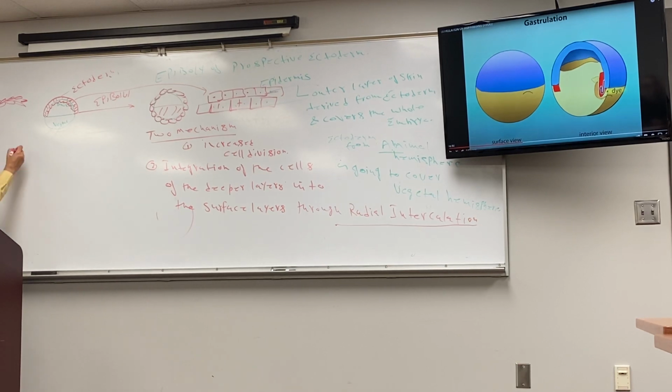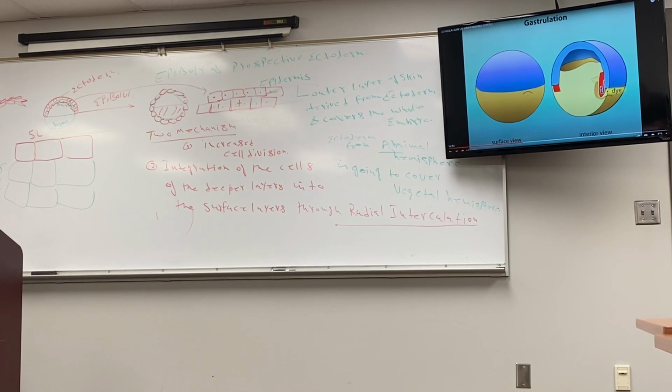Let me draw these cells a little bit bigger. So these are your surface layer cells, okay? And under the surface layer, you have these cells. These cells are deep layer cells. I'm writing here as deep layer.